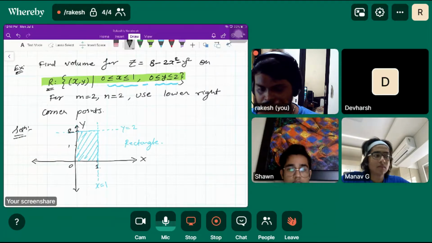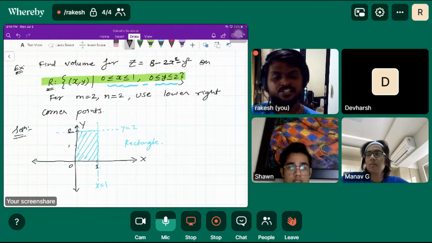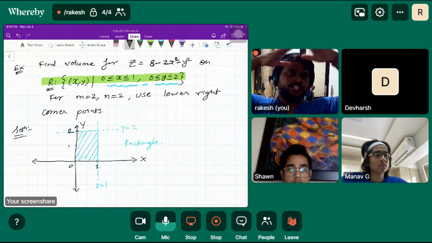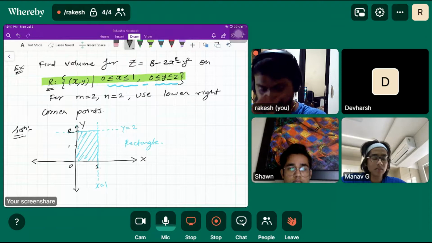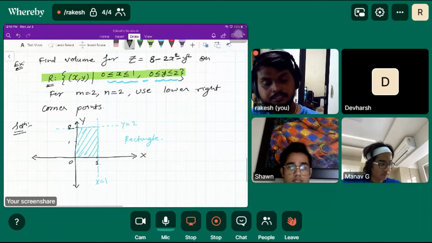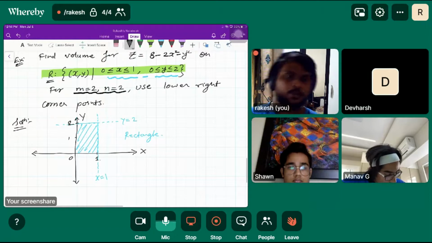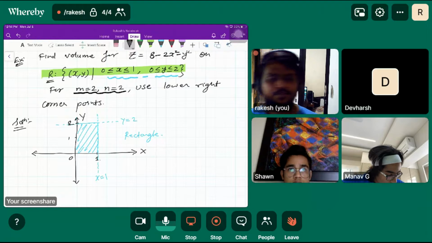So what we have to do is find out the volume of this surface. This region actually shoots up the surface along the z direction, and it will produce some volume. So they have already given you the number of partitions, m is equal to 2, n is equal to 2.